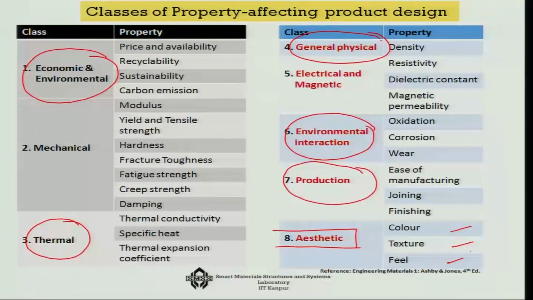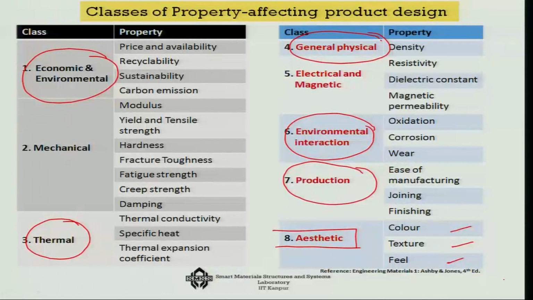So, what happens is that in an area where the climatic condition is very severe, like severe cold, a metallic system, the moment you touch it, you will never feel the warmth of the system. So, if you develop a metallic casing, let us say of a cell phone, it will not go very well.